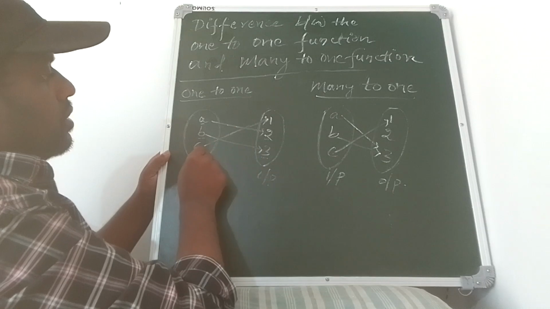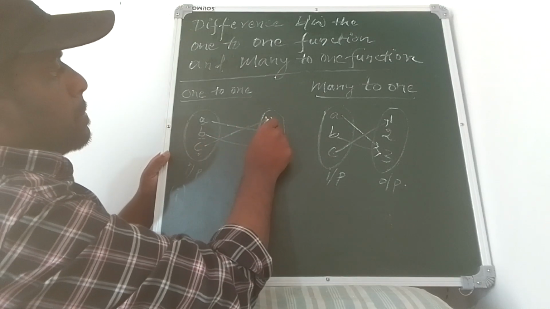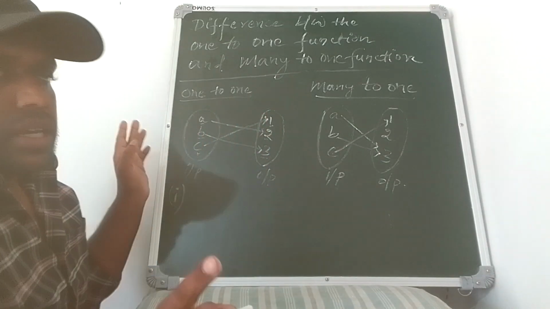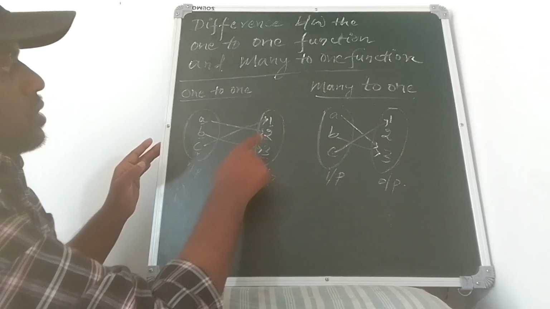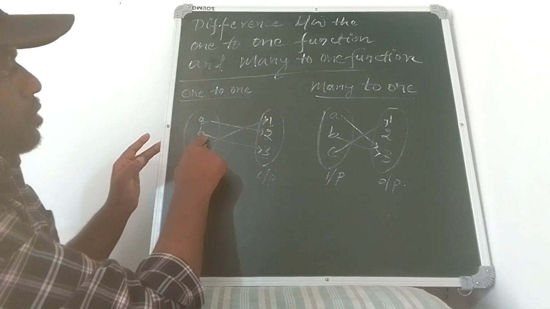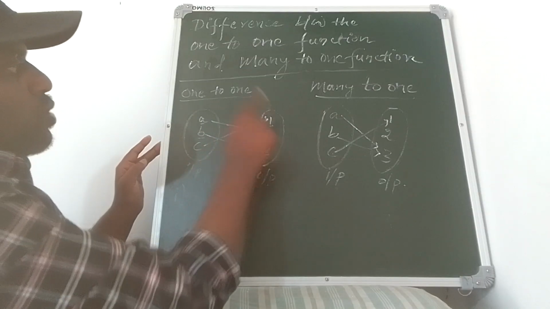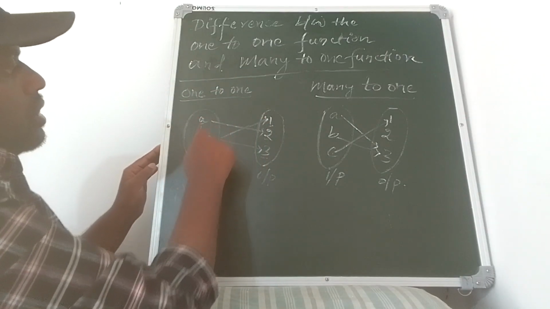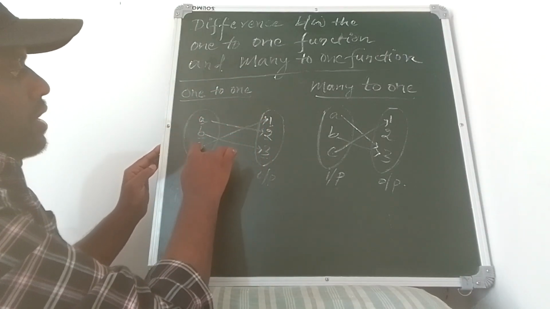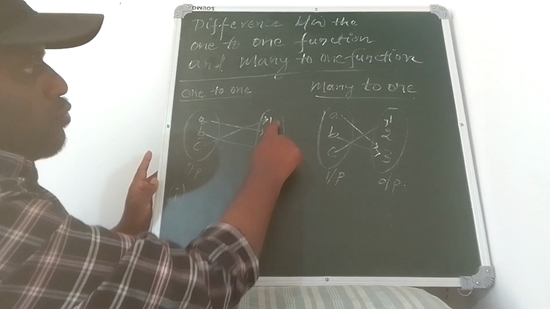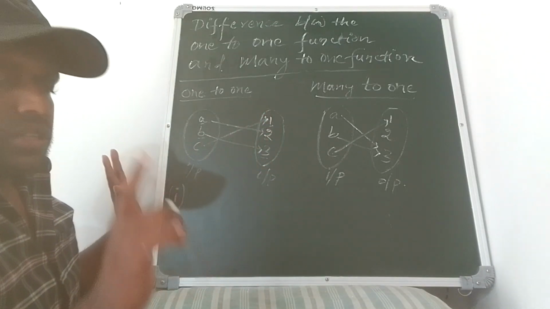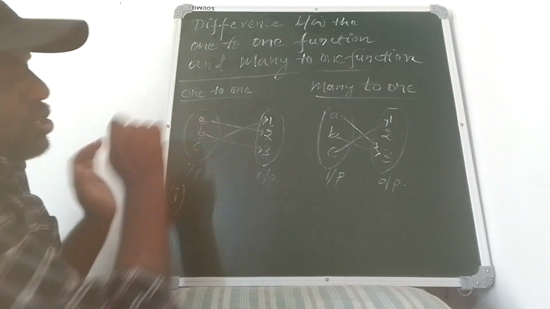So one output. Take C, 1 is the output. That means A has one output, B has one output, C has one output. Each and every input has exactly one output. There is only one output for each input.